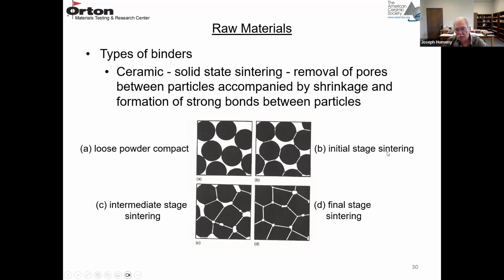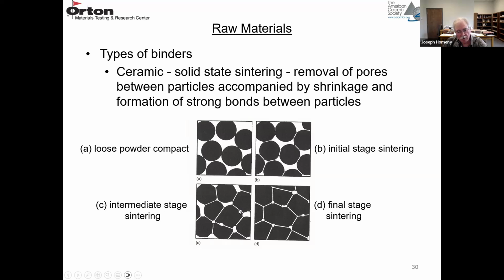And then in the initial stage of solid state sintering, material is transported to the neck regions. These are regions of high curvature, higher energy. So you start forming bonds at these neck regions. So the material becomes stronger, it becomes rigid. And as you go up in temperature or hold for longer times, there's an intermediate stage.